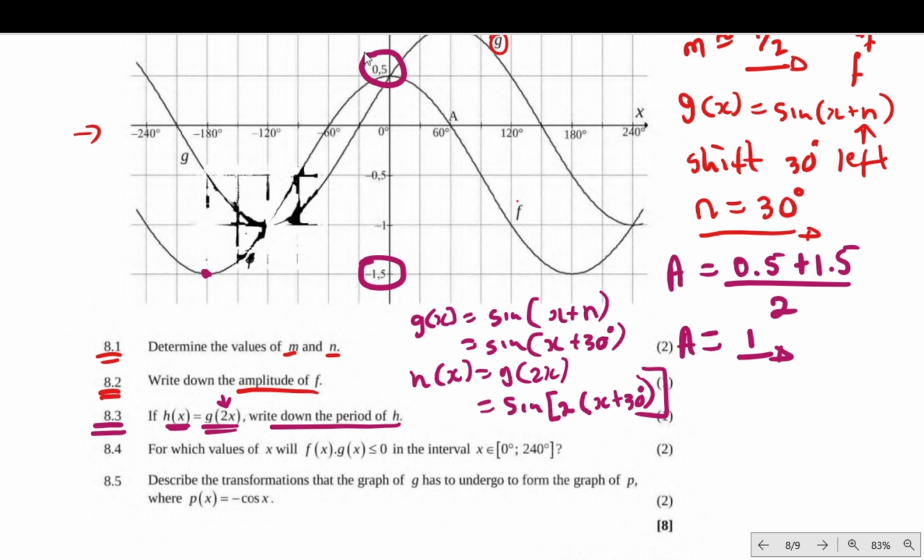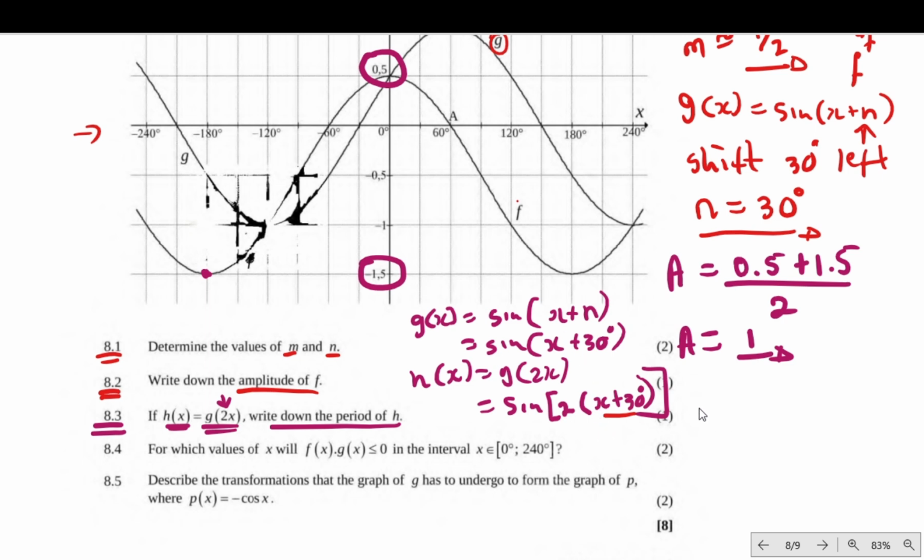So when a function is like this, what is normally affected is the period. This 2 affects the period, right? It's almost like you're saying 2 and then the entire thing if you say x, right? It's just more like that. So this 2 will affect the period, meaning it will halve the period, right?